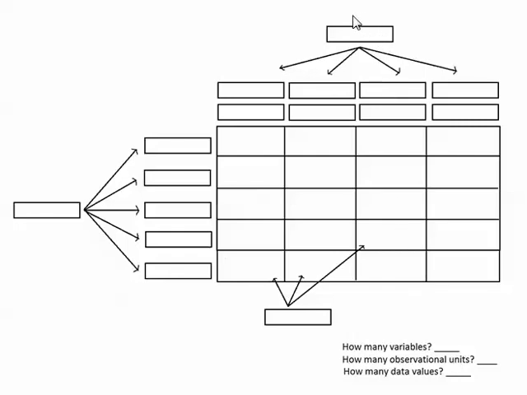And remember, when you're filling in these 3 boxes next to the arrows, the 3 possible answers are variables, data values, and observational units. One of those answers goes into each box, and you just have to fill them into the correct boxes.